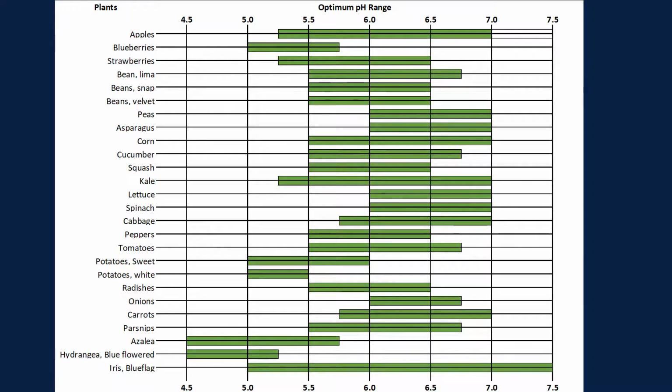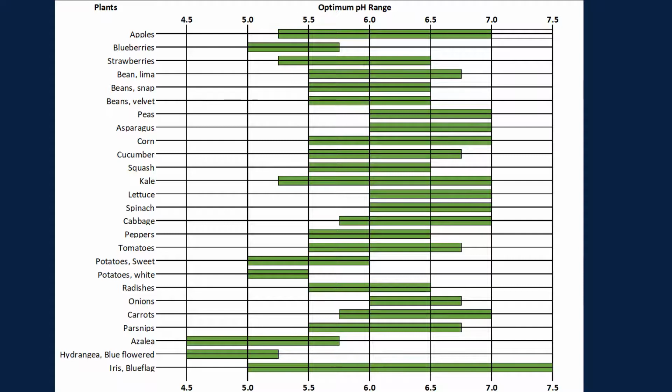All right, so we can see here on this figure that we have our different plants on this side of our chart, and then on top, we have our different pH ranges going from 4 up to about 7.5. And as we can see pretty simply here, the areas in green are those areas that plants like, that they can grow well in. So you can see there are different areas for different plants.